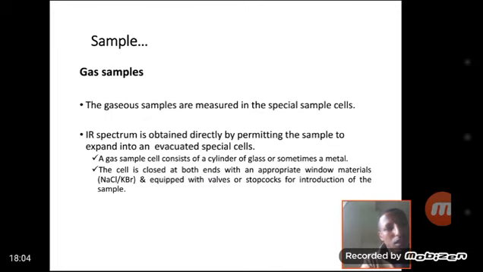The cell is closed at both ends with appropriate window materials, such as sodium chloride or potassium bromide, and equipped with valves or stopcocks for introduction of the sample. Because gas samples are volatile and difficult to handle, evacuated techniques are used to eliminate the sample handling difficulty.